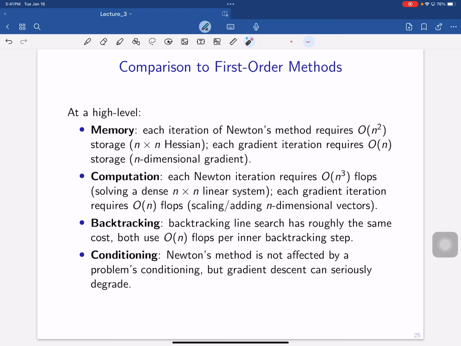So the conclusion here is that Newton's method has a much faster convergence rate. The error diminishes in a double exponential term, but at some expense, it has much more expensive memory and computation per iteration. That is exactly the reason why, if you look at all the machine learning packages, none of them implement Newton's method. At least you never use Newton's method for solving your deep learning problem.